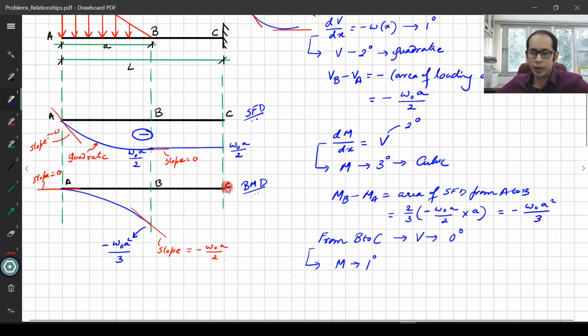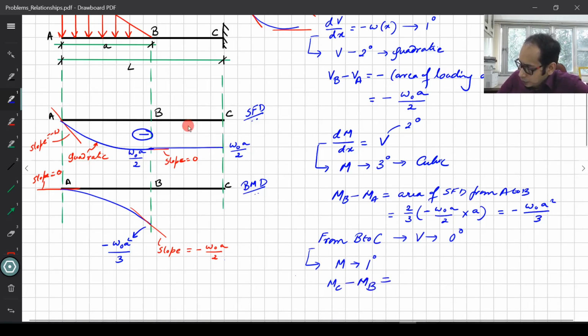And what is also the value of this moment at this particular point C? That also you can find out easily: your MC minus MB is going to be the area of the shear force diagram between these 2 points over here.